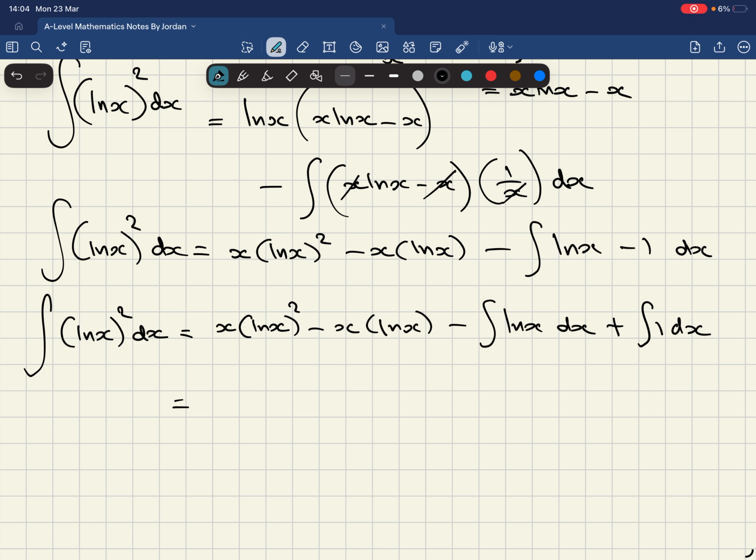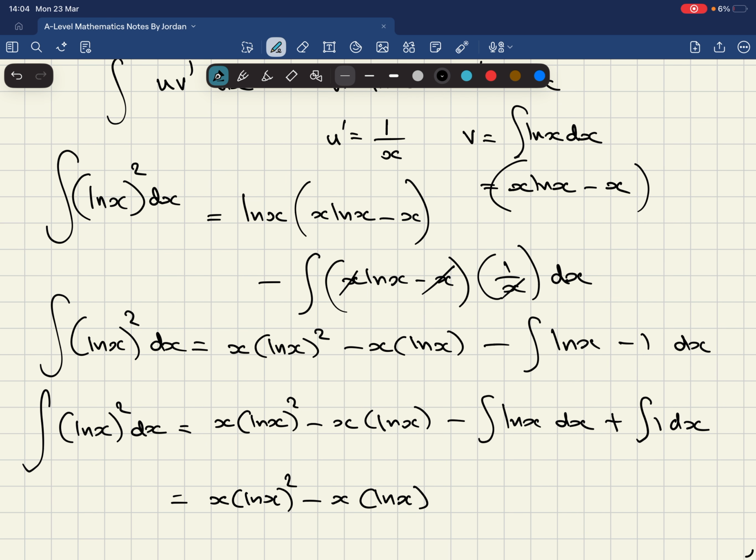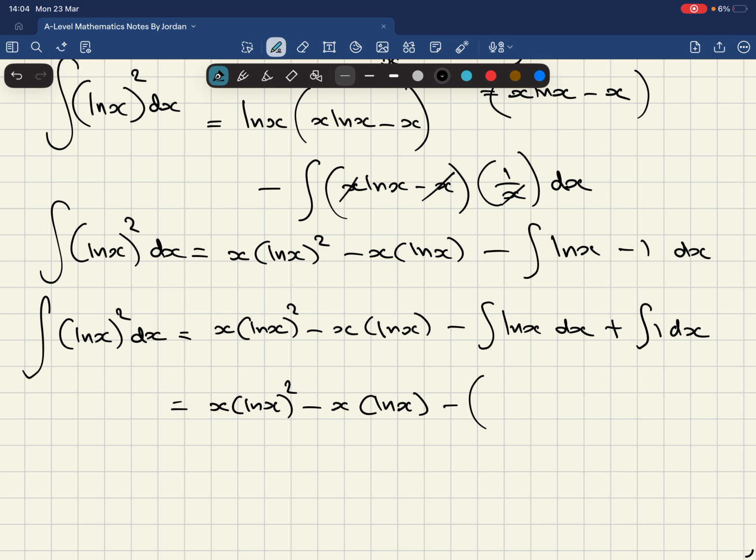And so finally this will be integral of ln x, we have it there. And integral of 1 is just going to be x, remember.